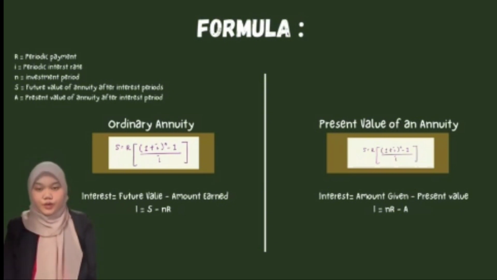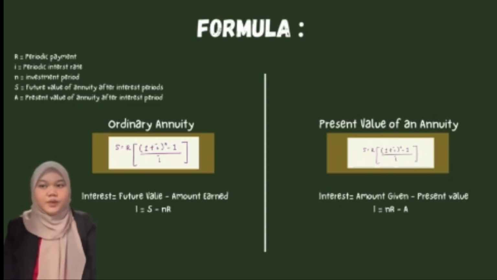Firstly, I am going to introduce the short forms for the formulas: R is the periodic payment, I is the periodic interest rate, N is the investment period, S is the future value of annuity after the interest period, and A is the present value of annuity after the interest period.